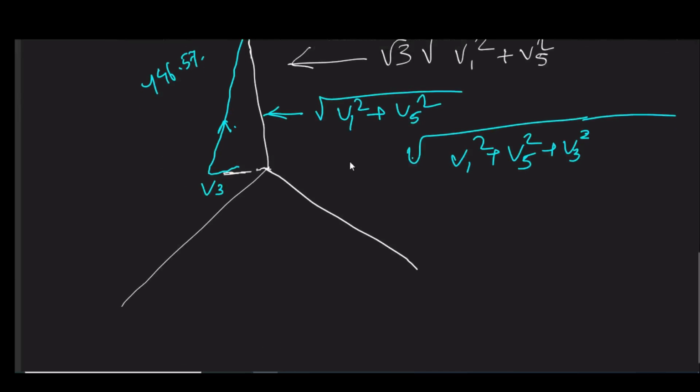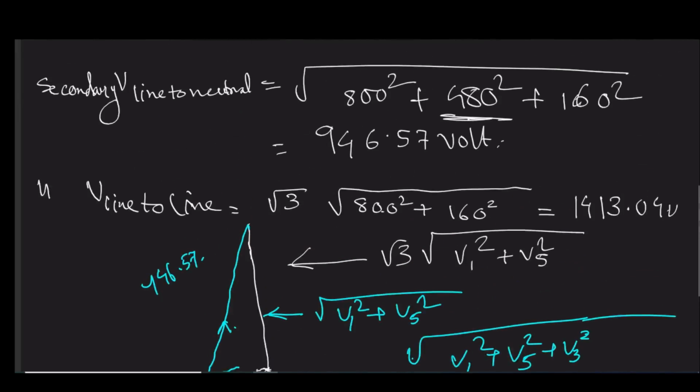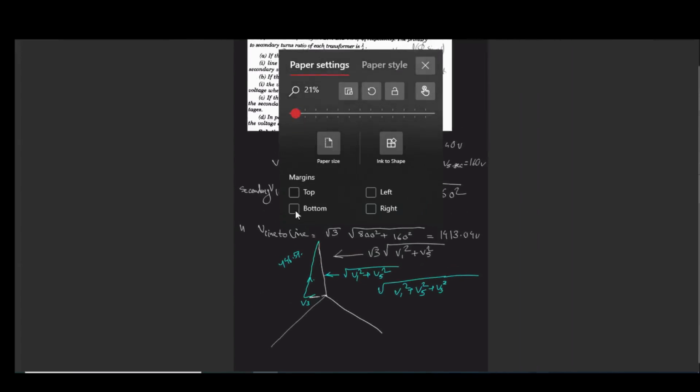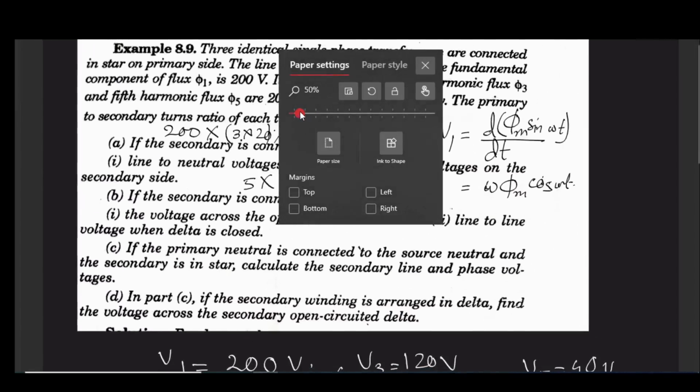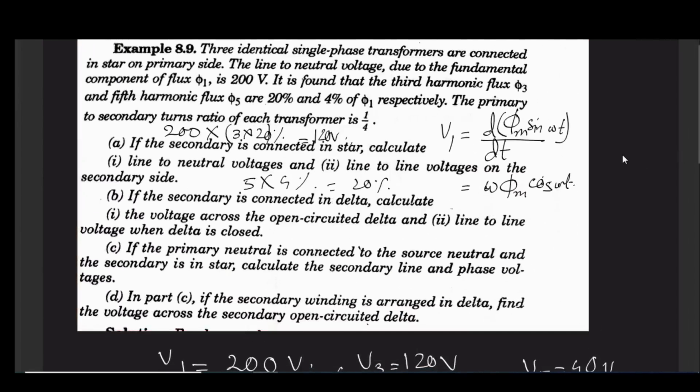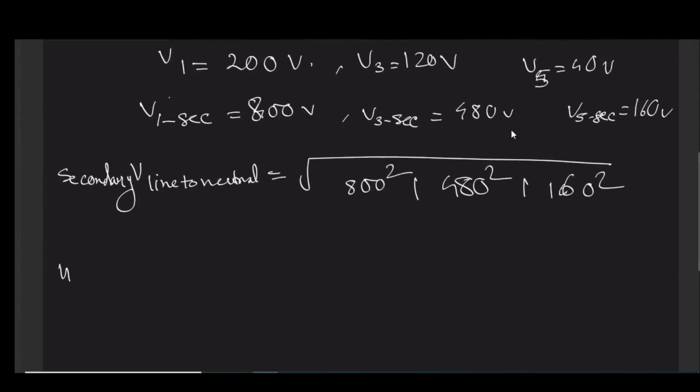Fine. Now the secondary V line to line is how much? 946.57.